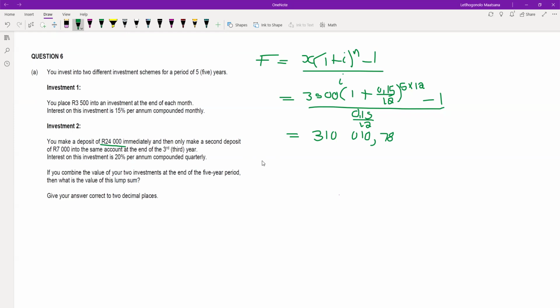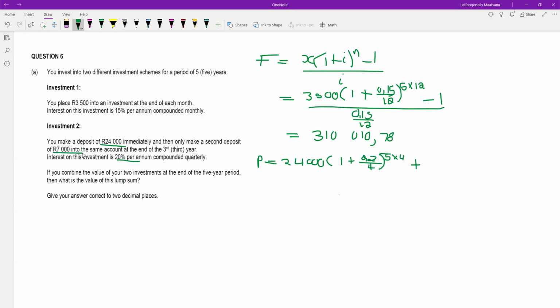And then for that one, we use compound interest and say, okay, we invested 24,000, compounded quarterly, so that's going to be 0.2 divided by 4. There's 4 quarters in a year, and that's going to be for 5 years. But since it's compounded quarterly, multiply that by 4.